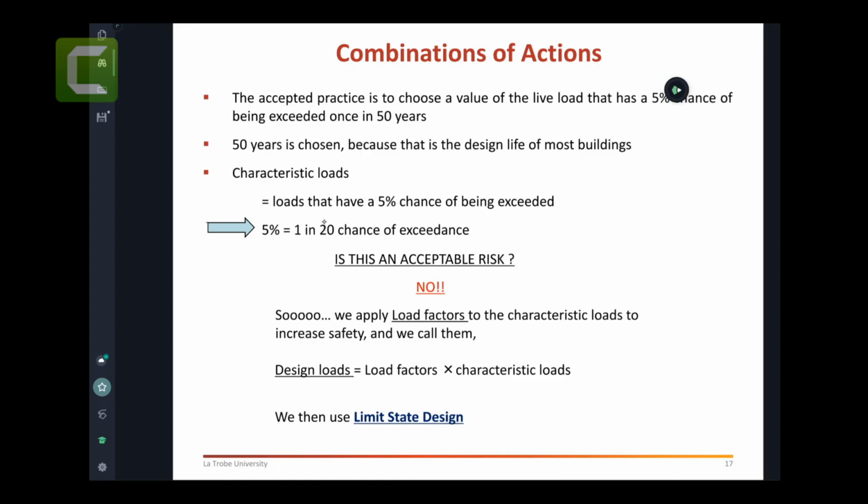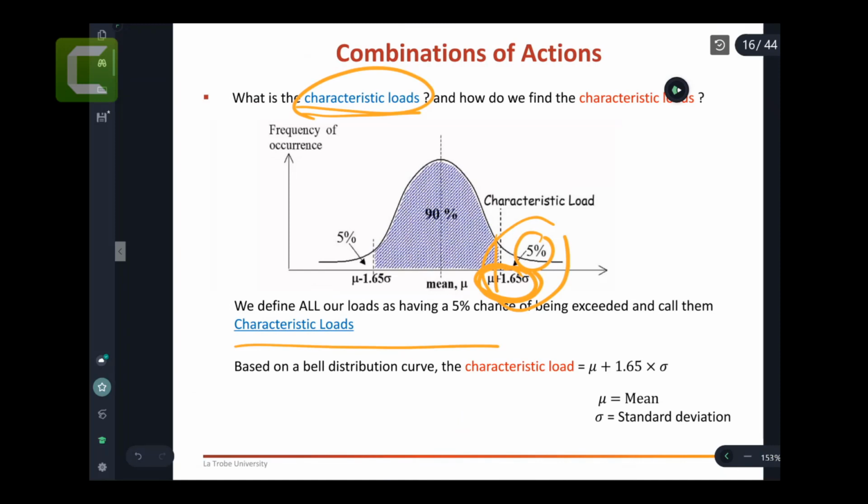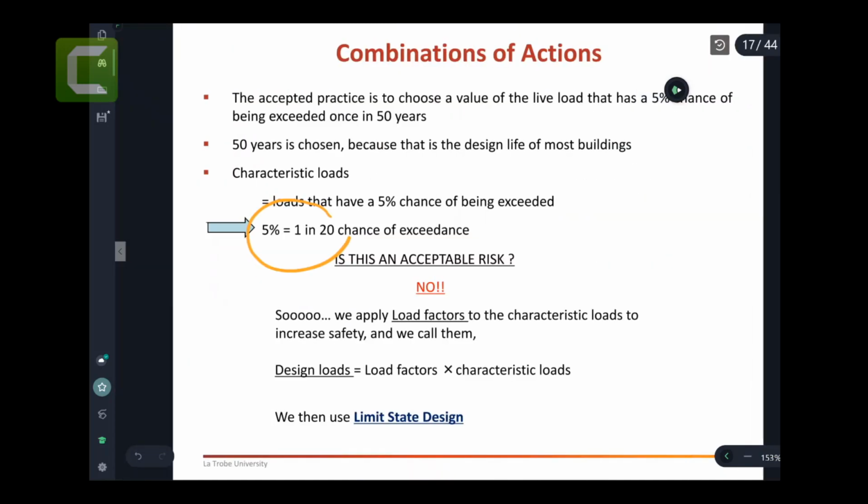And the question here, this chance is a bit risky, because 5% means there is a 1 in 20 chance for that load to be exceeded. So that's even the 5% I was talking to you about here. It's still risky, because we can't exceed it. So how to solve this problem is we use the safety factors, full stop.